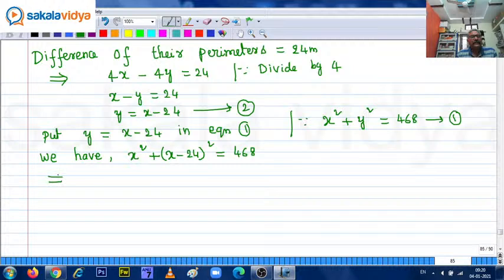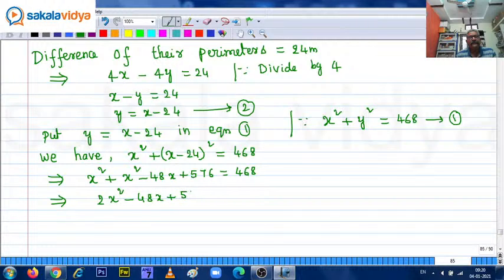Now after simplification, we use a minus b whole square, which is a square minus 2ab plus b square. We get x square minus 48x plus 24 square. How much is 24 square? It is actually 576, equal to 468. Now x square plus x square is 2x square, minus 48x plus 576.